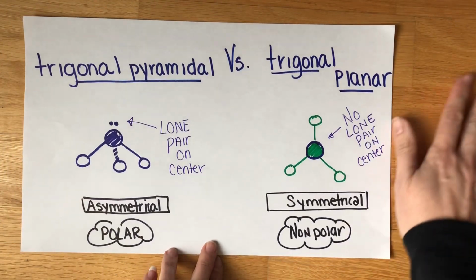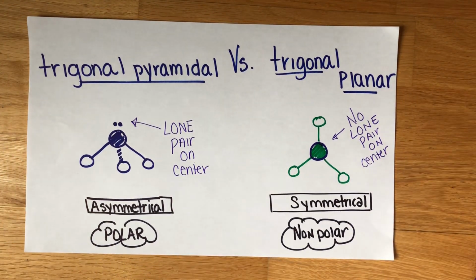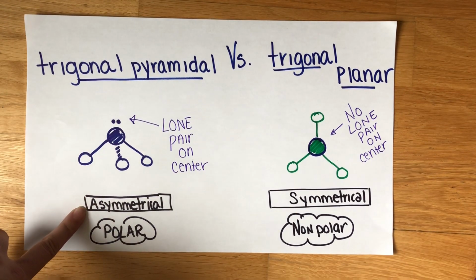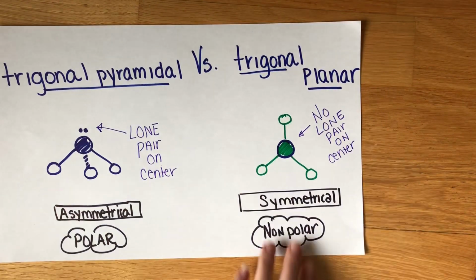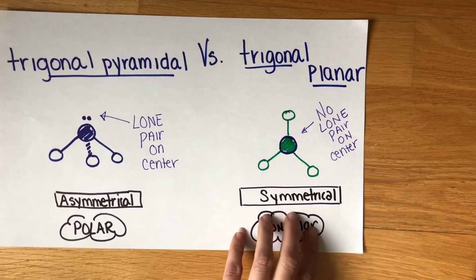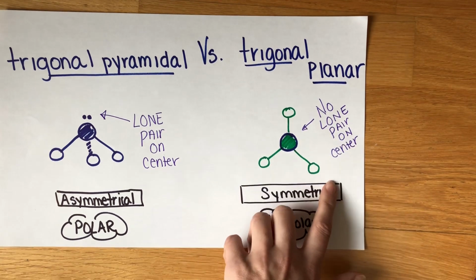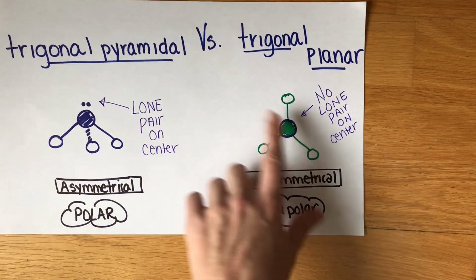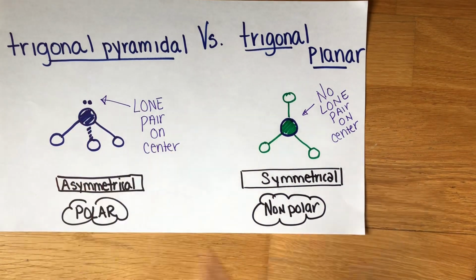So here is trigonal pyramidal versus trigonal planar. In trigonal pyramidal, if you've noticed, I've written that it's asymmetrical versus trigonal planar, which is symmetrical. So in this example, I definitely have all the same atoms, green little spheres, and there's no lone pairs on the center. And now let's look at lone pairs on the center.